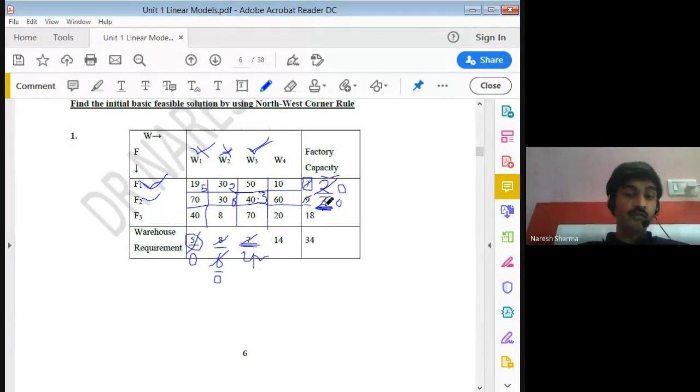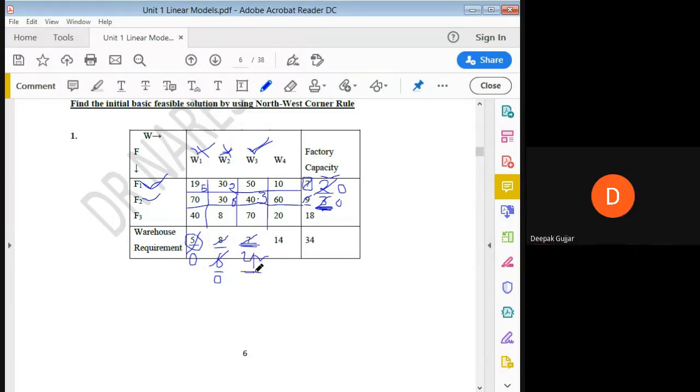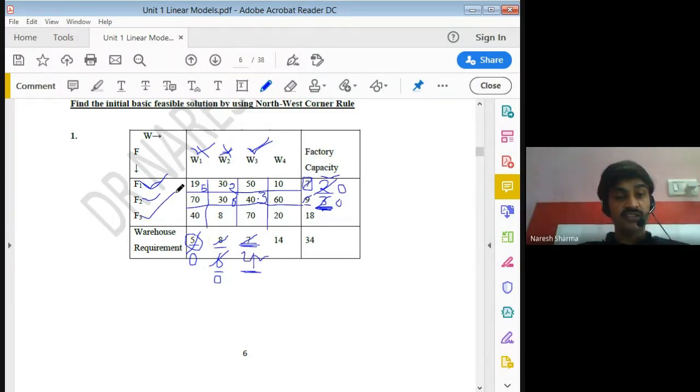For those 4 more units, we try to fulfill this requirement of 4 from the third factory. The third factory F3 is capable of sending 18 units, but the warehouse requires only 4 units. So we assign here 4 units.